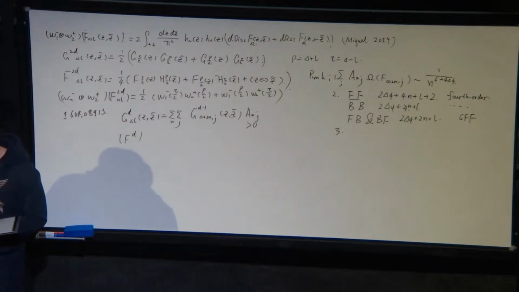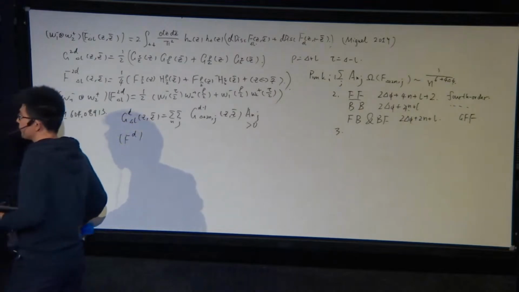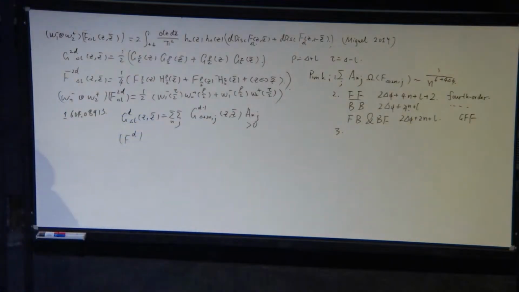Okay, so let me pass to the second step, that is the auto approximation after defining the functionals.